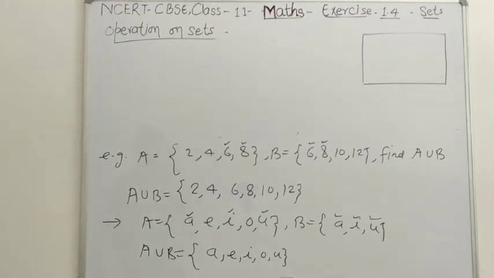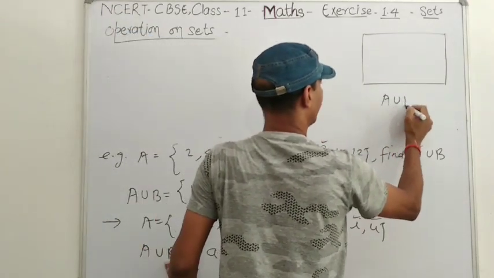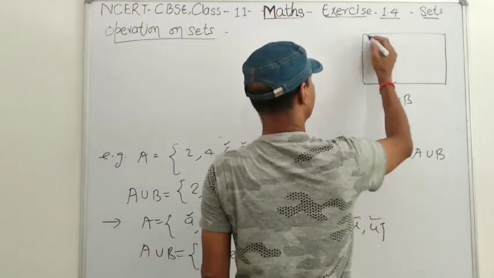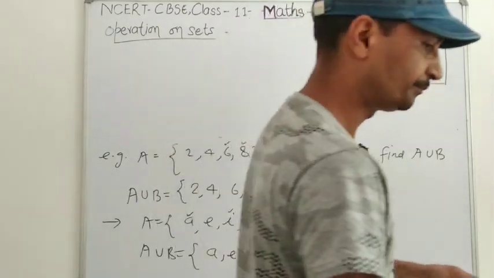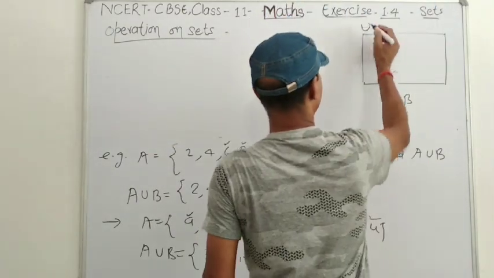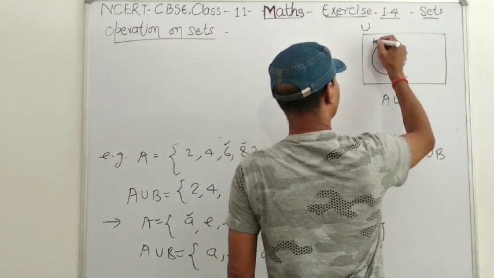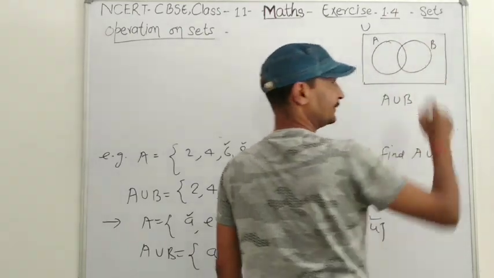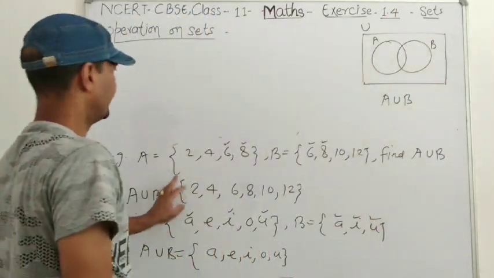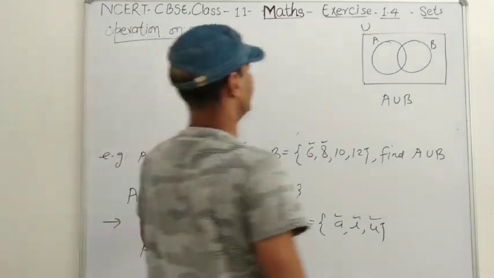And this operation, this A union B, how to represent by the Venn diagram we will also learn here. It is the universal set U, and I am making one set, it is A, and it is set B. A is here 2, 4, 6, 8.